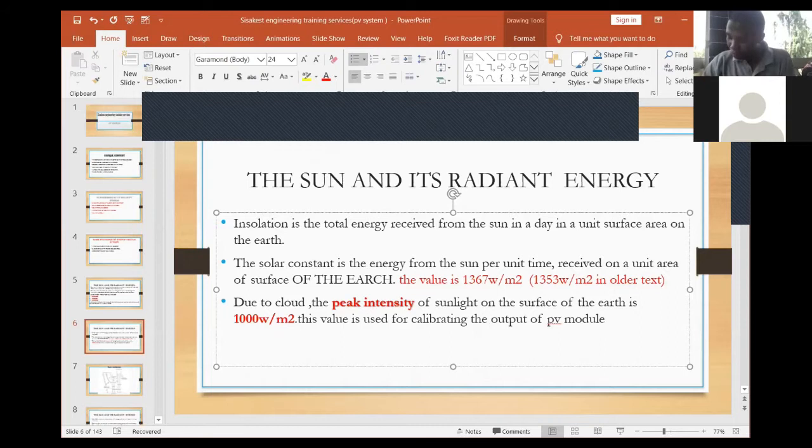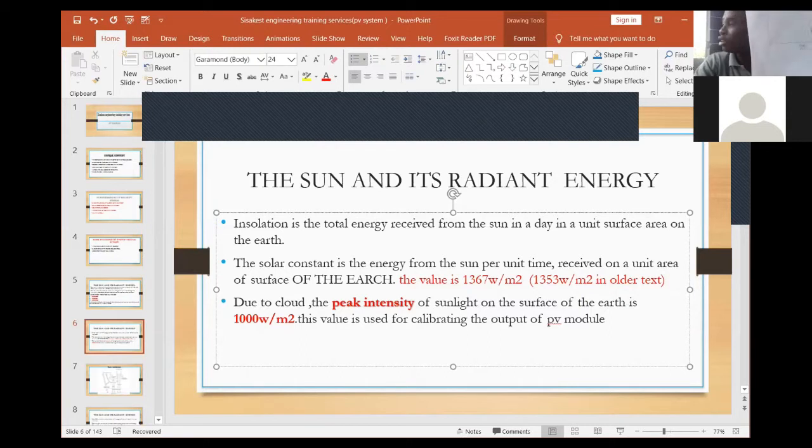So this is the rated power, and this is 1000. The rated power they gave you is the power you will get at 1000 insolation. So possibly you live in an area where the energy you receive from the sun is not up to 1000. You won't get that power.